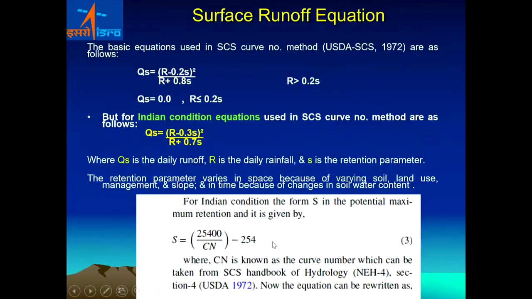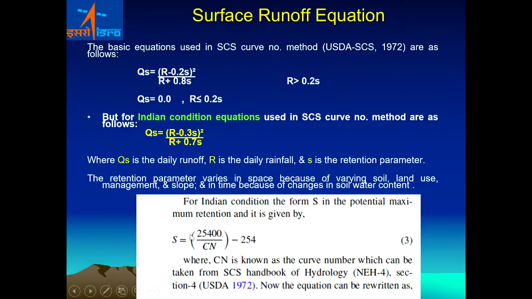This information is important for your conservation planning. Here you can see that we need to estimate the surface runoff also. How can we estimate the surface runoff? There is one empirical formula that all the erosion models use, given by USDA as the SCS curve number method. In it, R is the rainfall, minus 0.2 S, where S is the retention parameter.